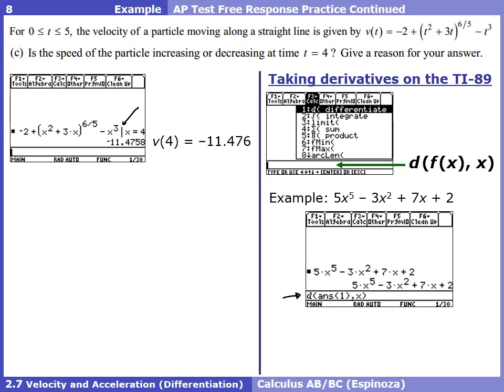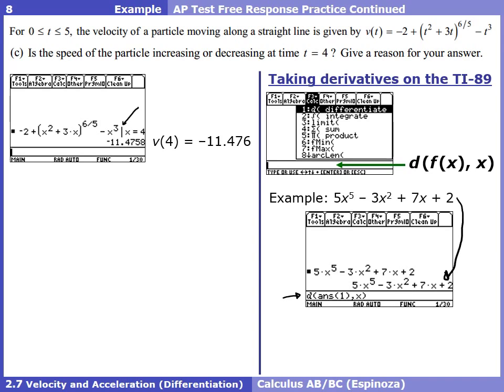Again, if you've been practicing using the calculator like I like to use the calculator, I'll first type in the function all on its own just to make sure I didn't make any mistakes. Usually mistakes start to happen when you try to type everything on one single line. So what I'm going to do is first type in the equation, make sure it looks like the equation I should be taking the derivative of, and it does.